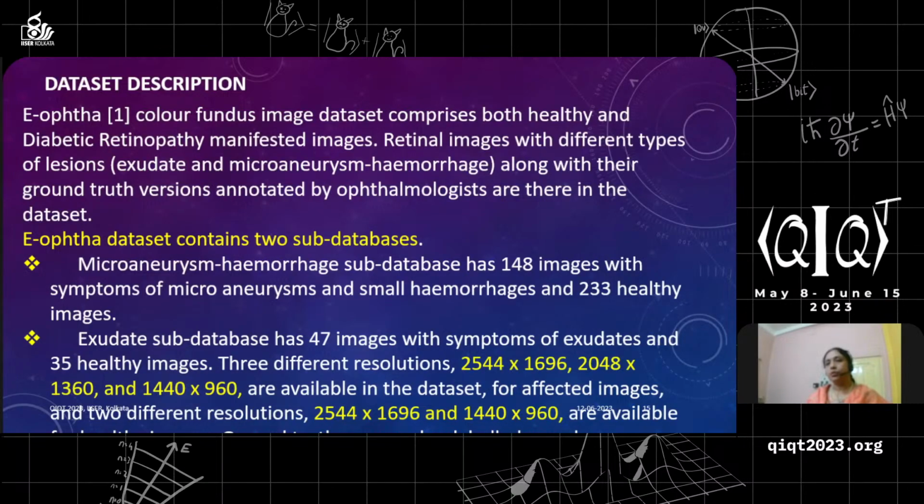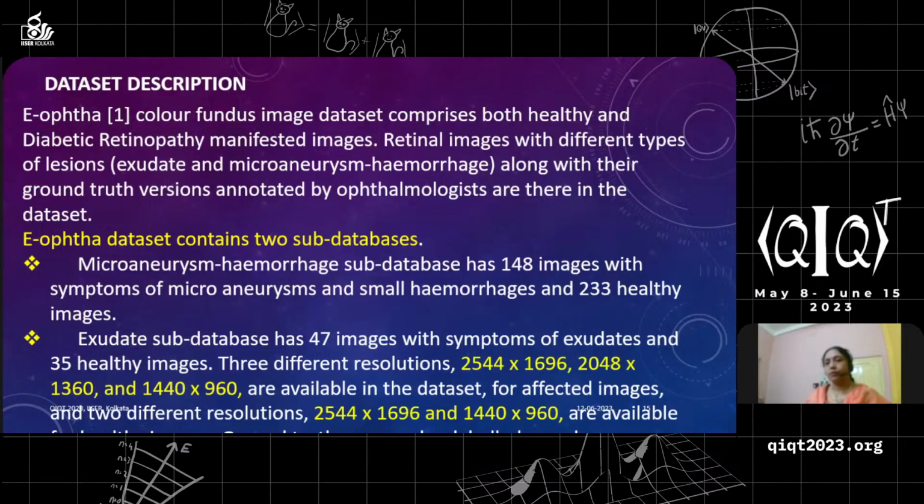Among them, 47 images have symptoms of exudates and 35 images are healthy. Different resolutions are available with those images in the dataset. Ground truths are also available in the dataset.